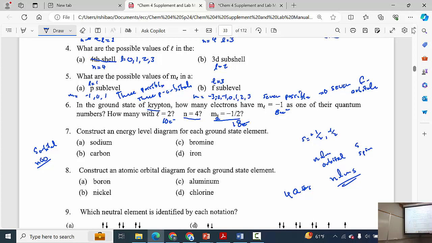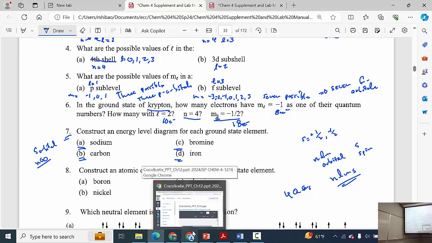So if you could do it for krypton, then that's all I'm asking, up to the 4th shell. We're not going to go into the 5th shell, 6th shell, whatever. And so we should be able to do like 7. Construct an energy level diagram for each ground state element. And so why don't you construct an energy level diagram for sodium, carbon, bromine, and iron. And we'll take a look at those.